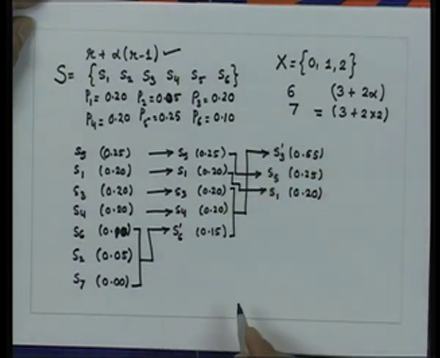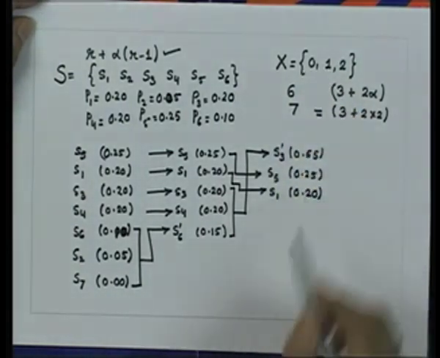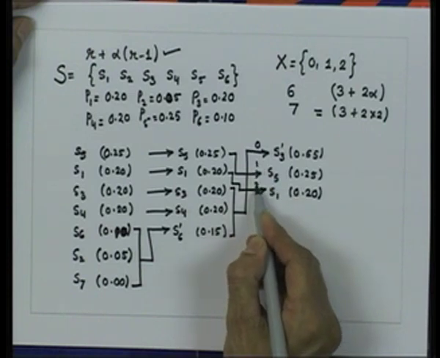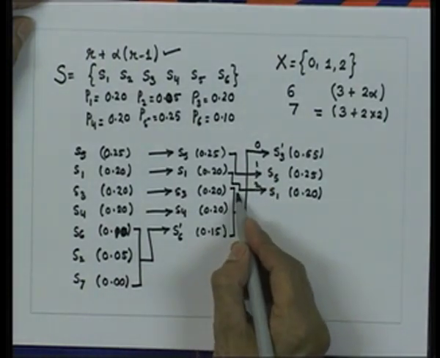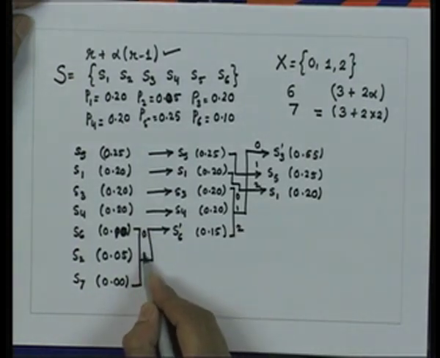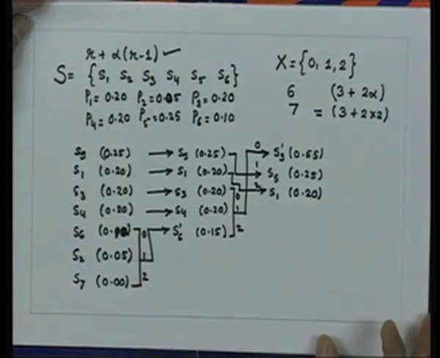Once we have got the 3 symbols, because R is equal to 3, now we can allot 0, 1, 2 here, 0, 1, 2 here, and finally 0, 1, 2.